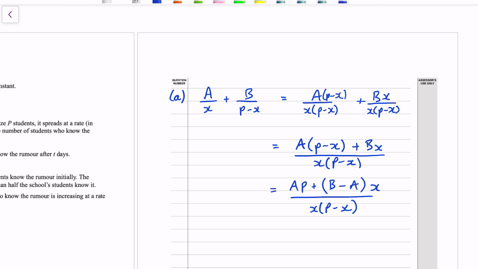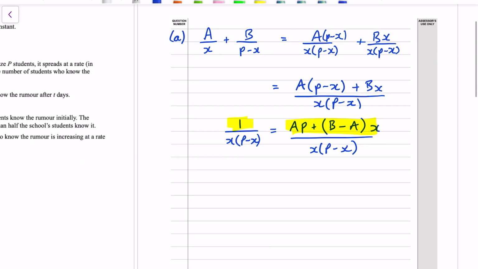And this is equal to 1 over x times p minus x from the question. And if this is going to be true for all values of x, excluding x equals 0 and excluding x equals p, which are values of x that make the denominators 0, then 1 here must equal that for equality.